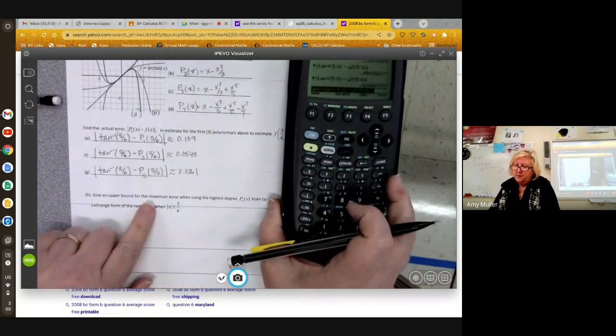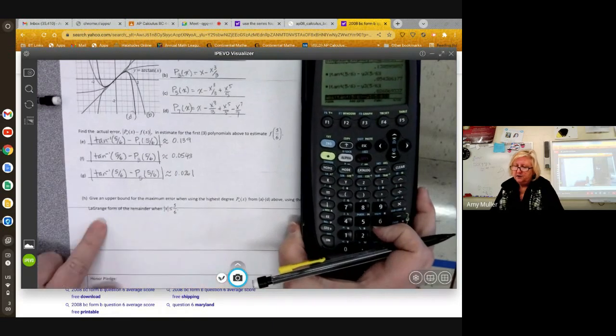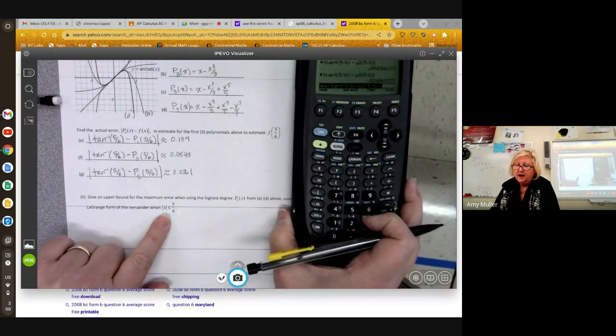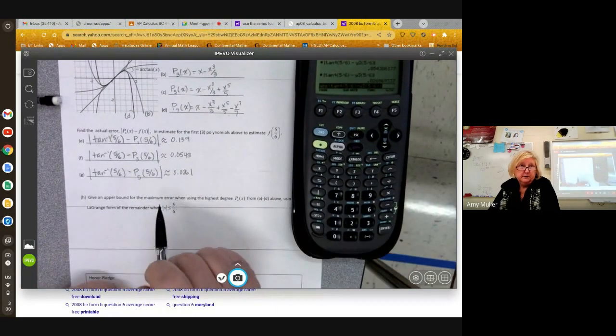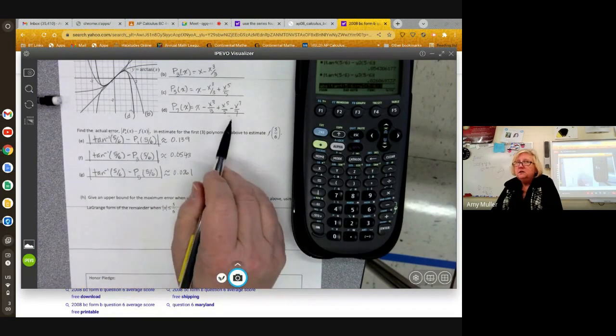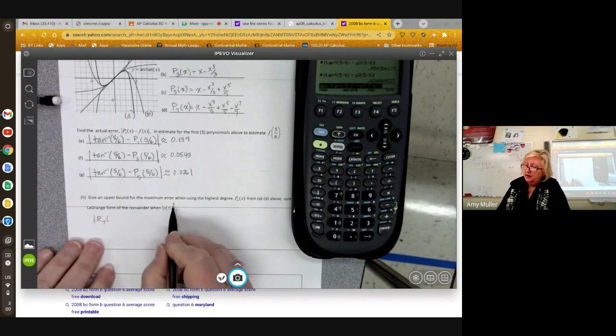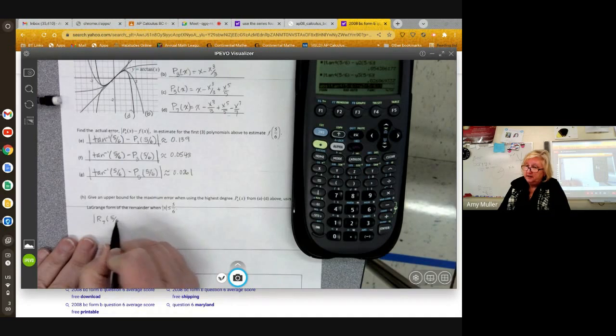Now this says give an upper bound for the maximum error when using the highest degree above using the Lagrange error bound. Okay, so what's the highest degree polynomial here? 7th, okay? So if I'm using the 7th degree, I'm going to say Lagrange error bound of the 7th at 5/6, right? Because that's the outer limit.